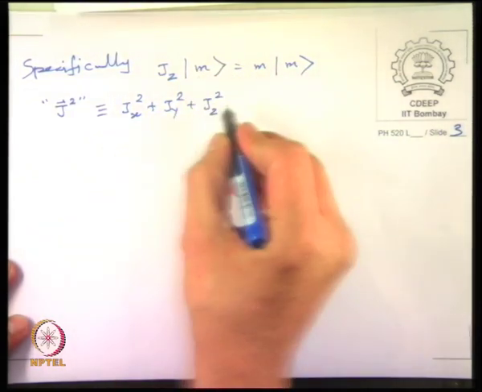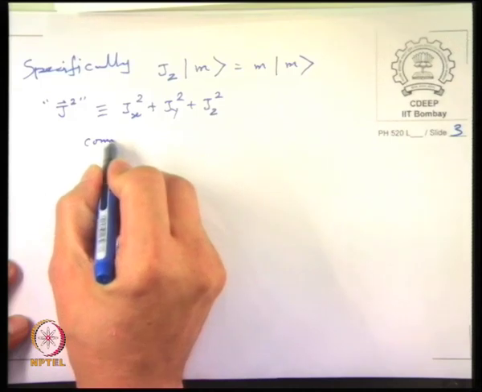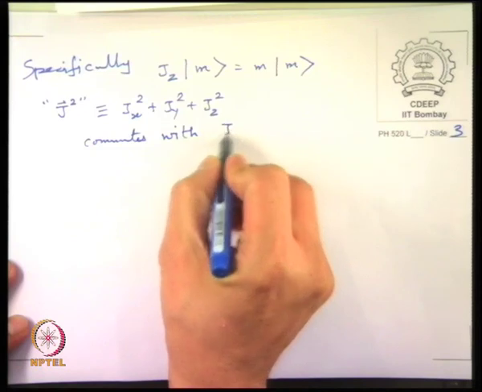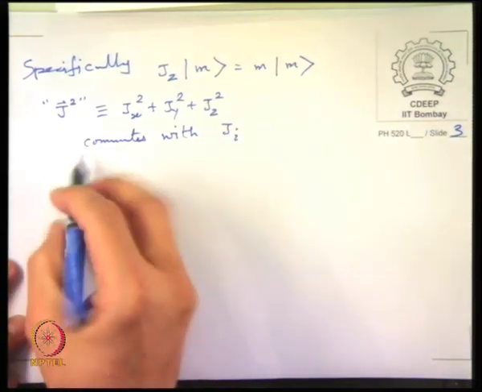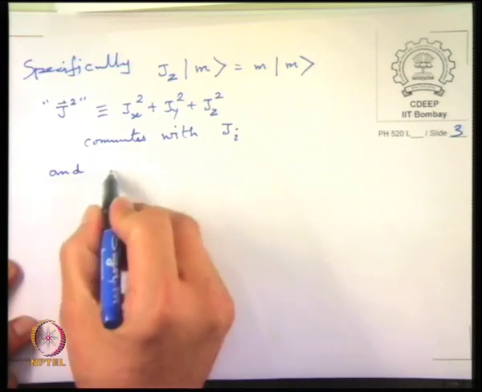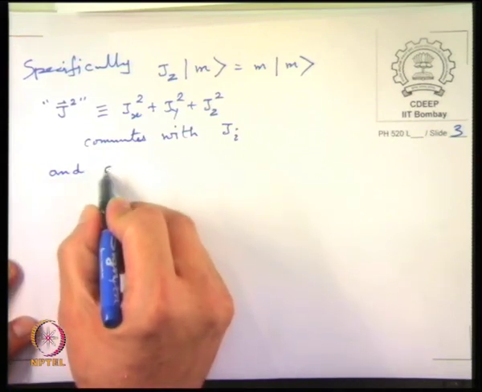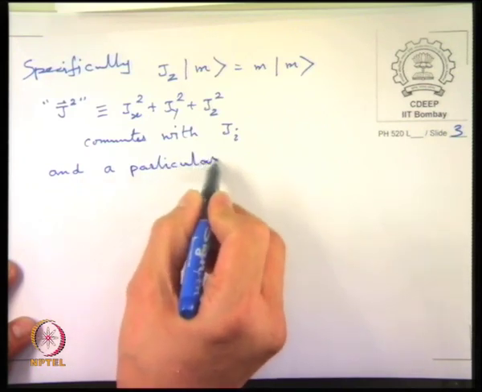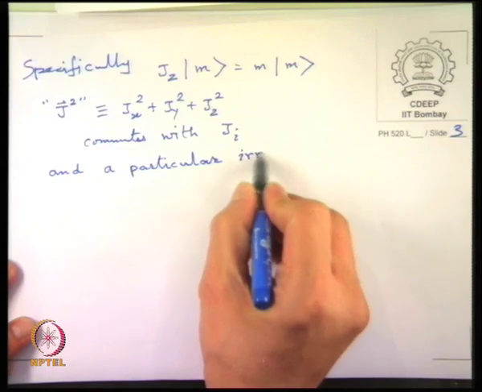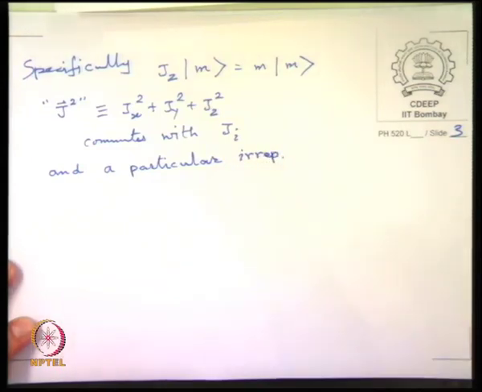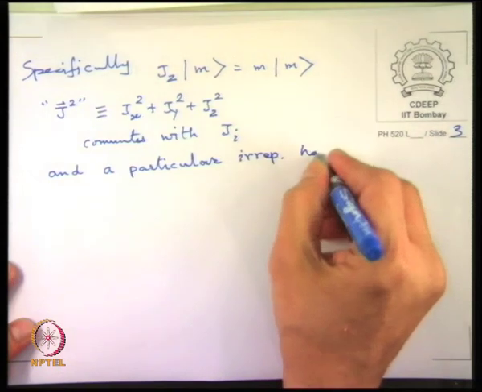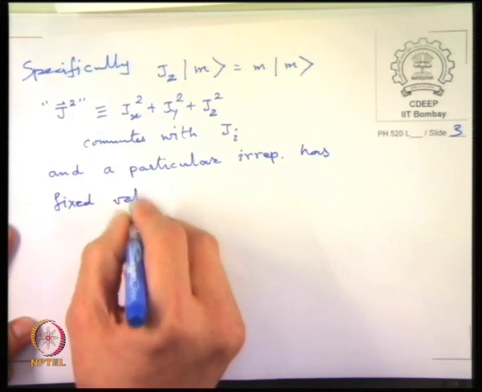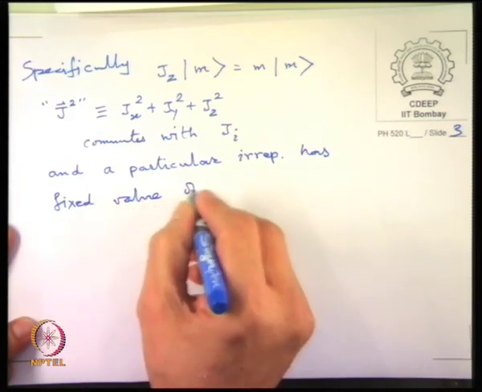So this commutes with each of the Ji, and a particular representation, irreducible representation, has fixed value of J squared.